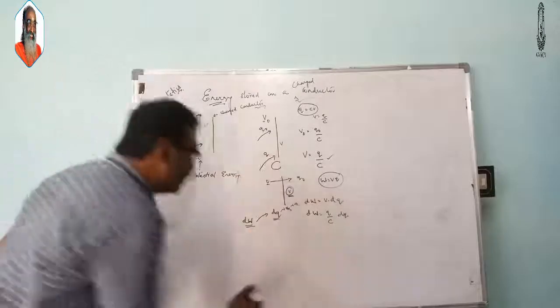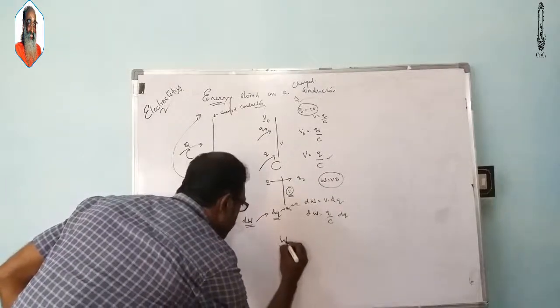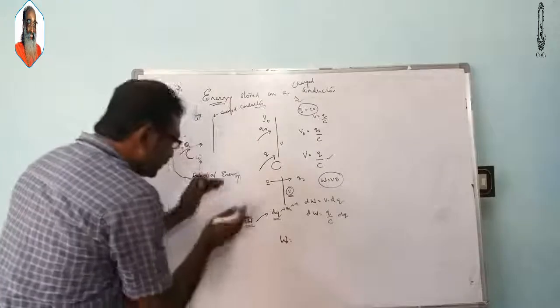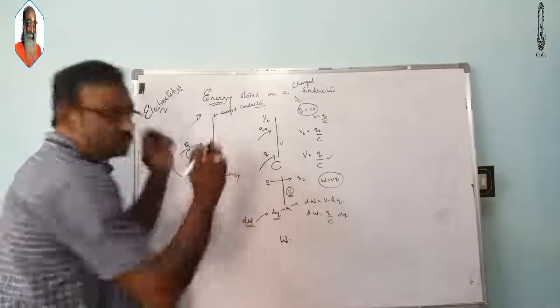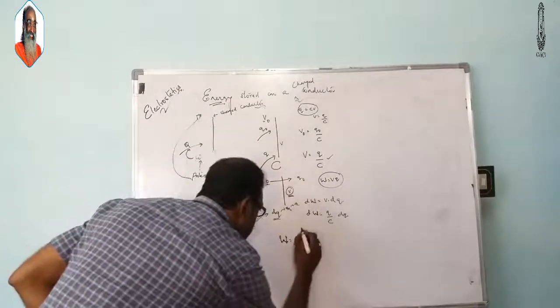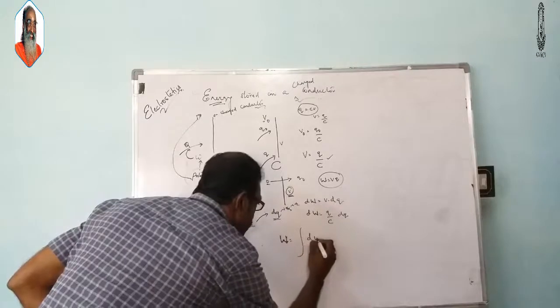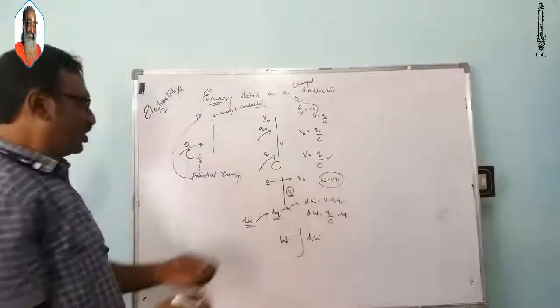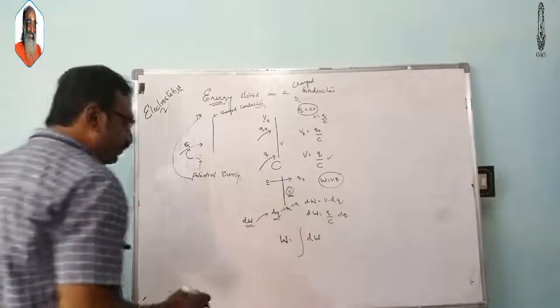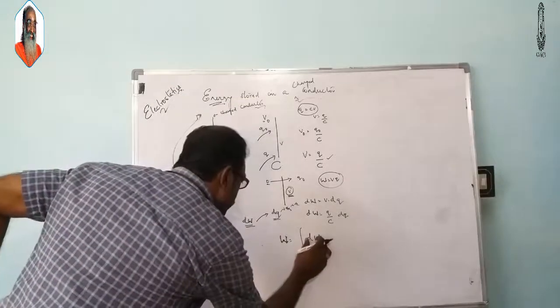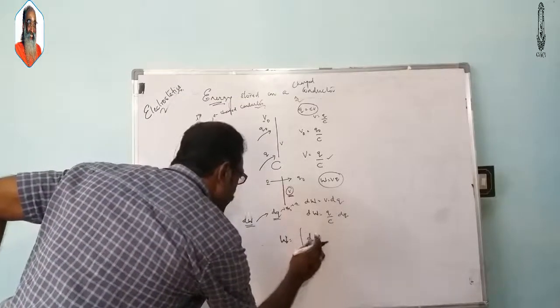So now if you want to get the total work, we have to integrate all the small amounts of work. Integrating the small amounts of work means adding the small amounts of work. How are we doing the work?